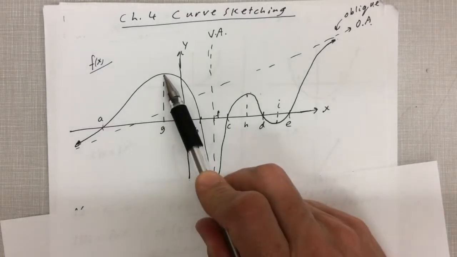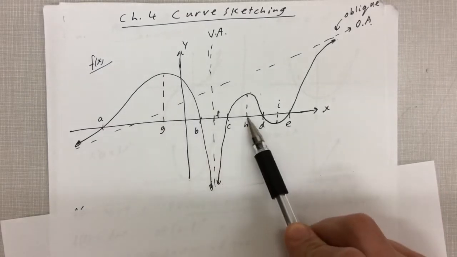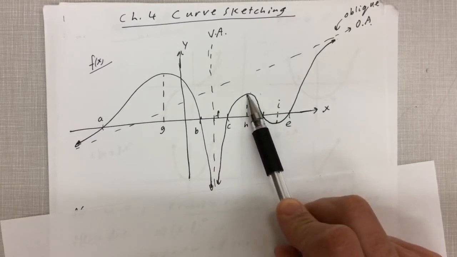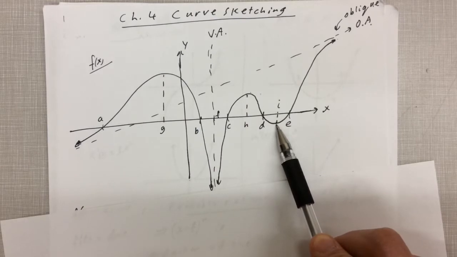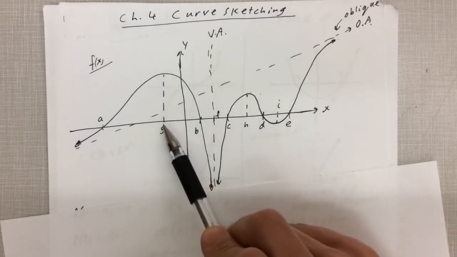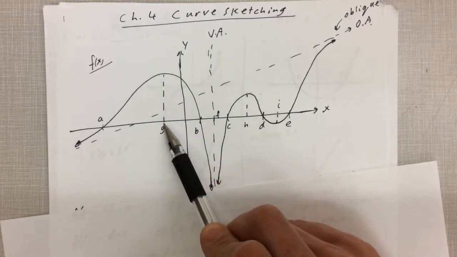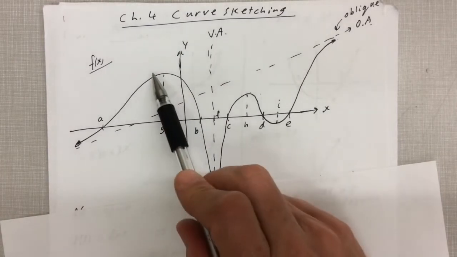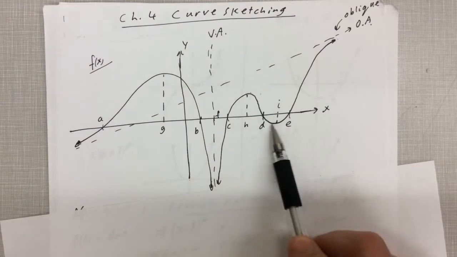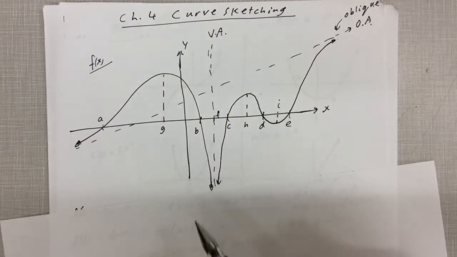At g, we have a maximum. At h, we have a local maximum. And at i, we have a local minimum. At these x values, the derivative of the function equals 0 because the slope of the tangent is 0 at those values.